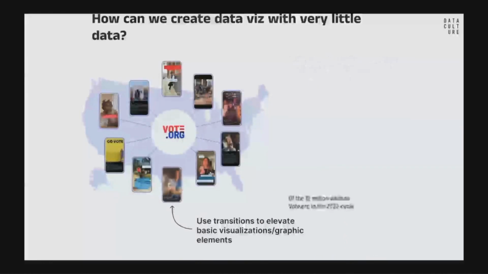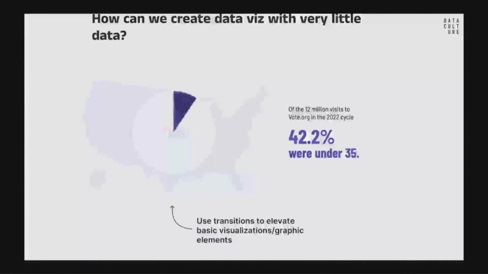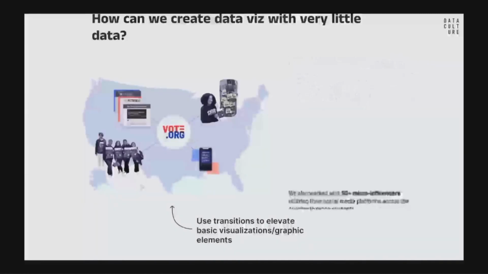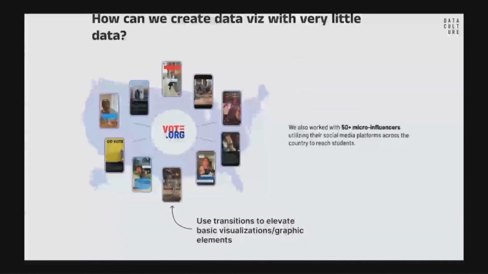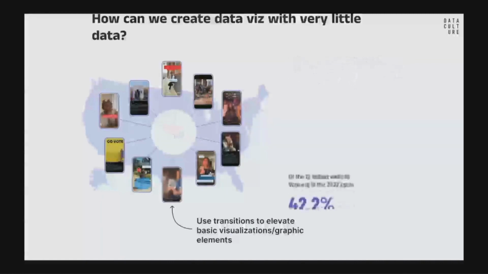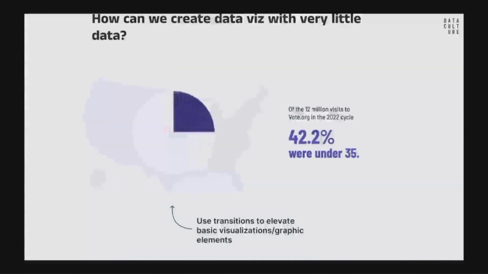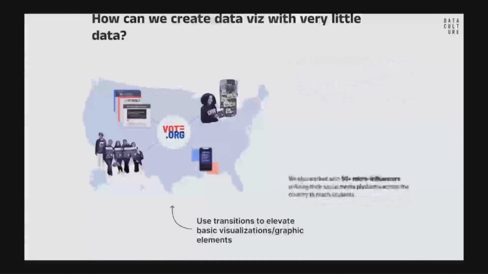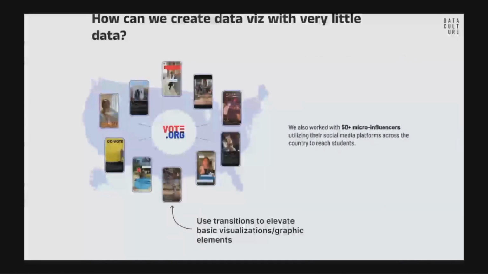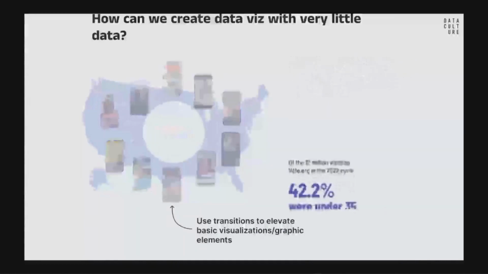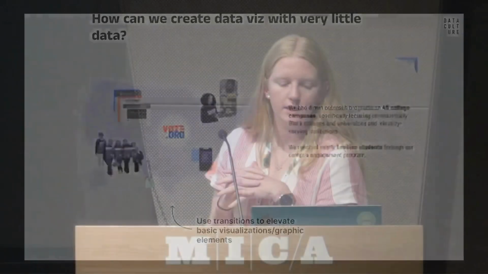So our go-to, and I'd love to chat with people after about how they handle the same situation, is to really rely on transitions and use those to approach bringing the viewer in without making too many claims or having to build too many layers into the data. So basically, it's just simply reflecting.